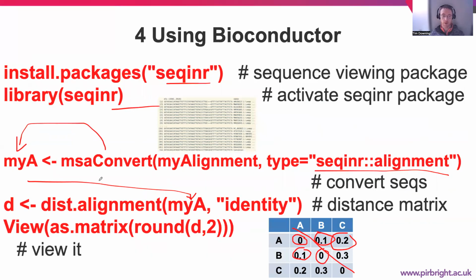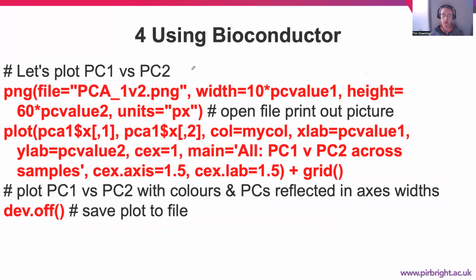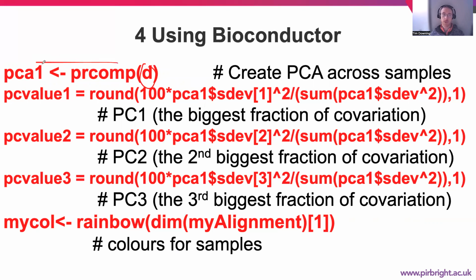With the distance alignment in seqr. And now we're taking that distance matrix, containing the samples, and we're sending that to PCA1, and we're calculating the values for PC1, PC2, and PC3, the eigenvalues for each of them.